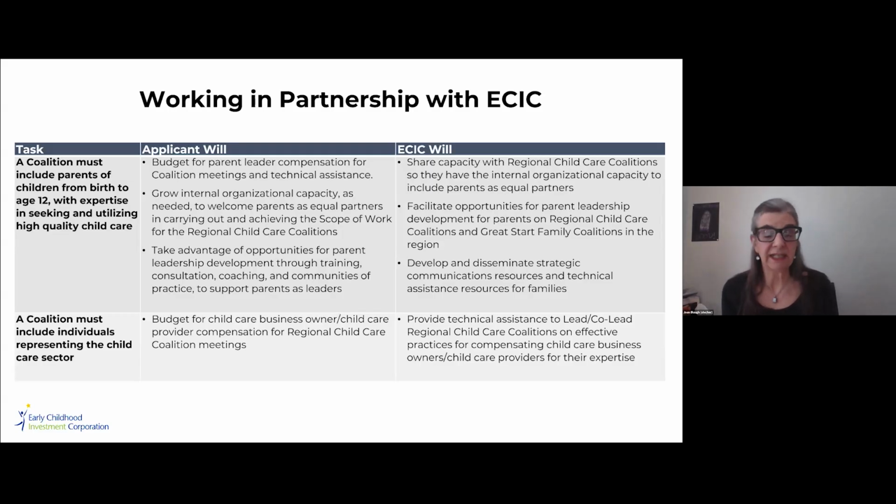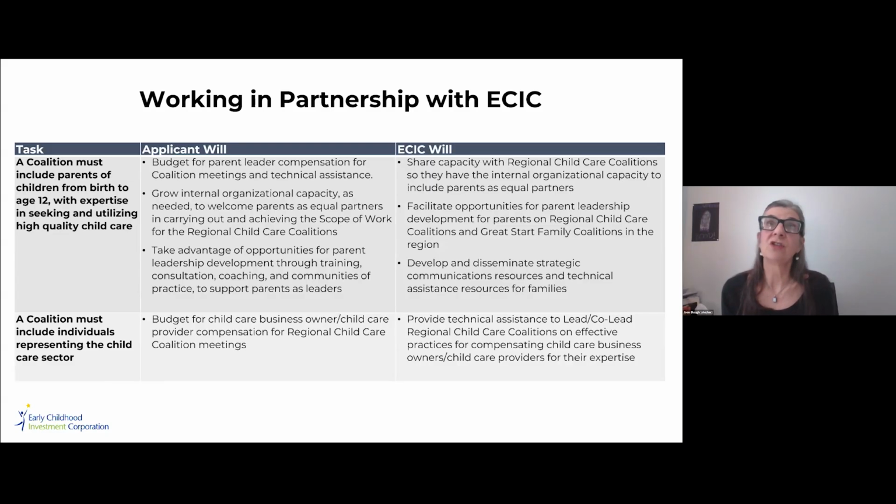We can't really be meeting to take steps to improve access to childcare if we're not learning from and taking advantage of the incredible expertise available to us through childcare business owners and providers across our state of Michigan, whether we're talking about a childcare center, a home-based childcare home, a family group home, or license exempt childcare. We know there's incredible expertise and commitment to serving children and families in our communities throughout Michigan.